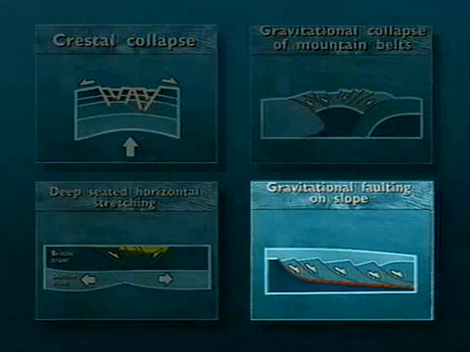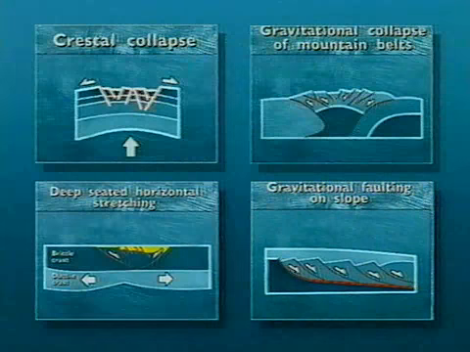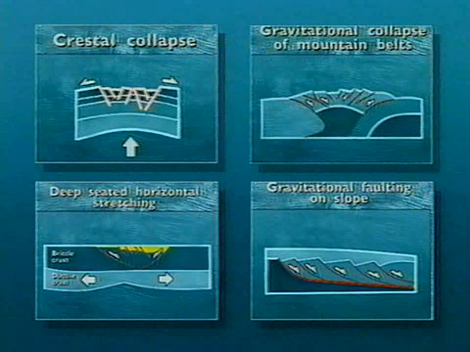The analog experiments were focused on gravitational faulting. However, most of the structures on the gravitational models also apply to other modes of extension on various scales, the outcrop or brittle crust scale.